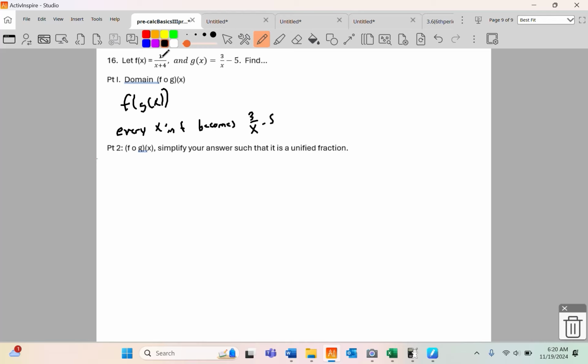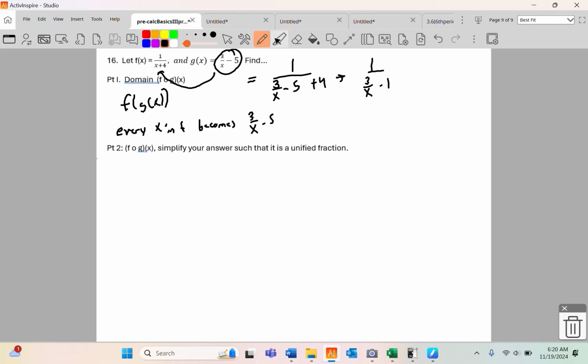Anyways, I'm going to take that and I'm going to put it right there. Now I have to do this first. Okay, so I have 1, I've encountered an x, it becomes 3 over x minus 5, and then there's the plus 4. I may as well clean that up a little bit. I'm left with 3 over x minus 1.